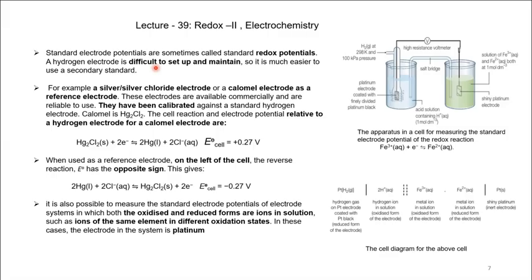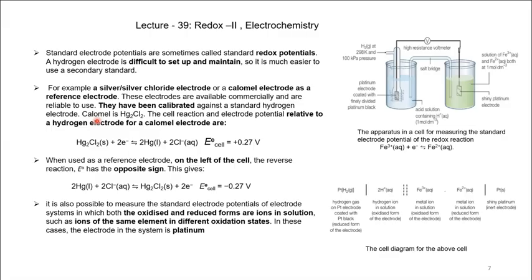Therefore, we can use the standard electrode potential of a silver chloride electrode or calomel electrode as a reference electrode. These electrodes are commercially available and can be calibrated. They are already calibrated against the standard hydrogen electrode.